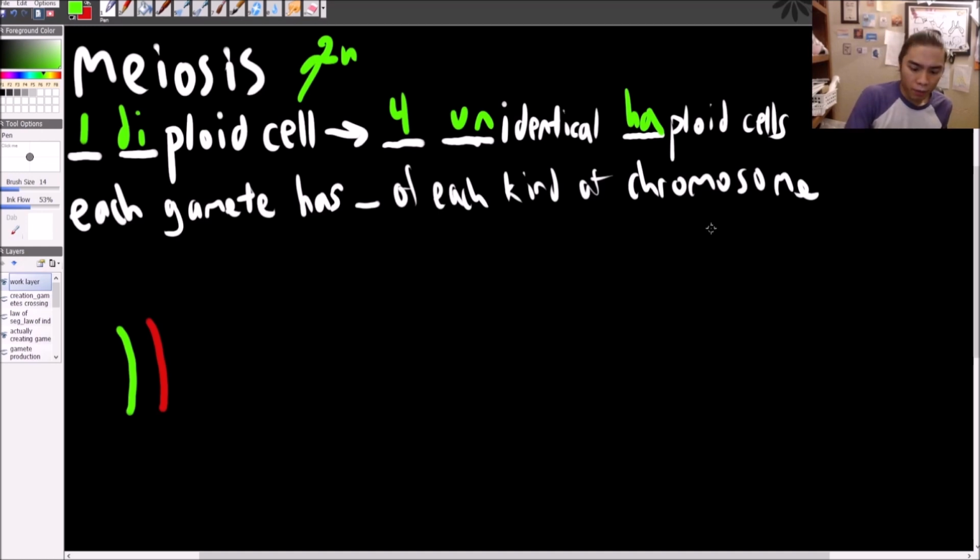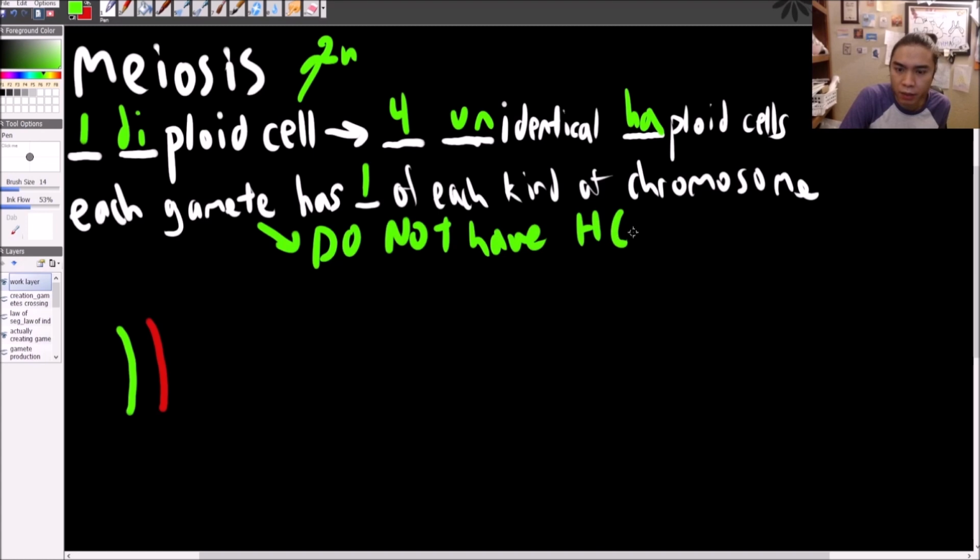So each gamete has one of each kind of chromosome. So each gamete has 23 chromosomes. That means gametes do not have homologous chromosomes. It's not possible. In order to have homologous chromosomes, you would need to have 2 of the same kind of chromosome, and that doesn't happen.